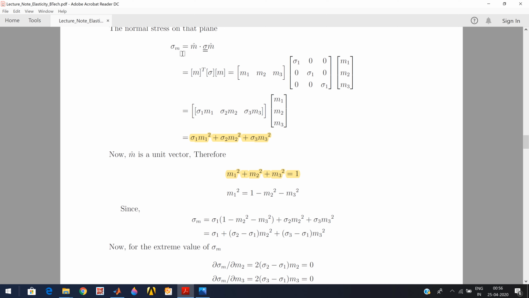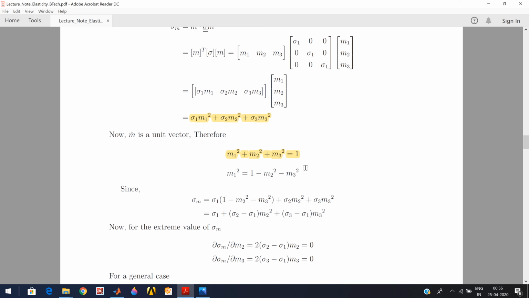So we have to find the extreme values of sigma m with respect to the variables m1, m2, m3, with the constraint m1 square plus m2 square plus m3 square equal to 1.